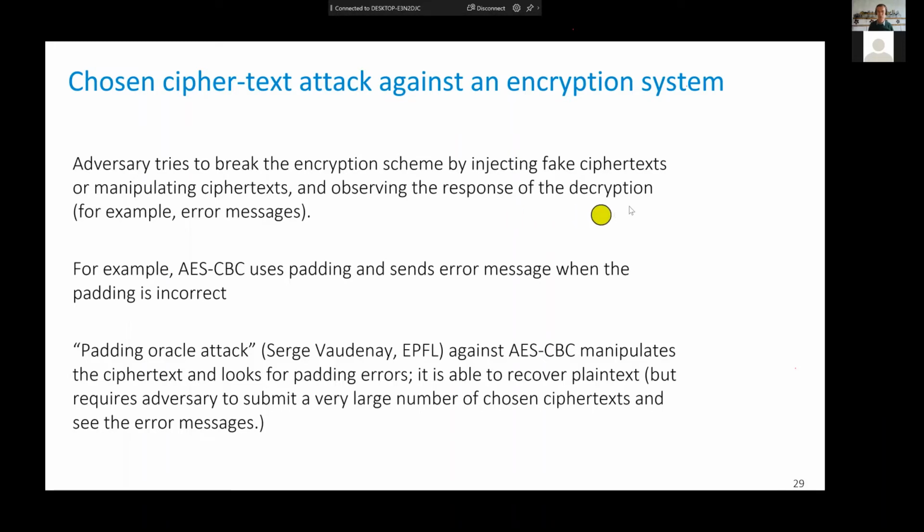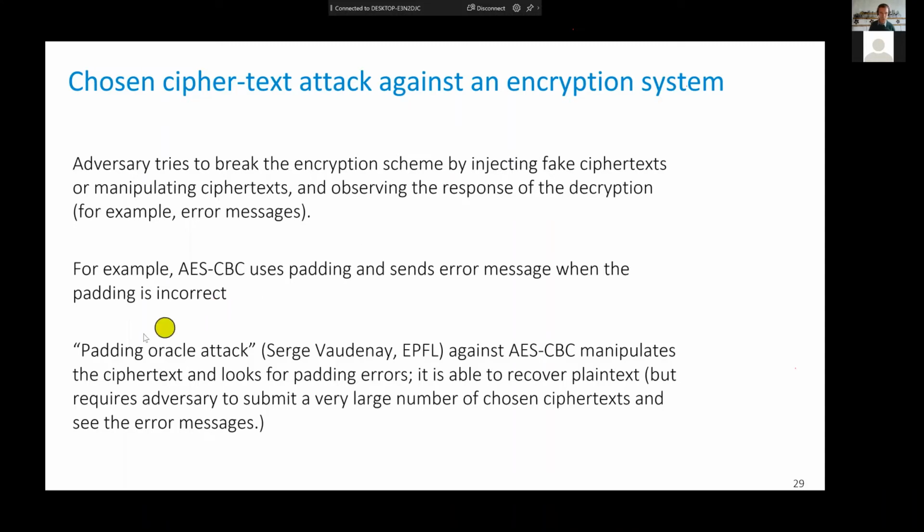However, nothing's perfect, and if we observe a large number of chosen ciphertexts, that means the attacker submits to the recipient a message that is chosen by the attacker. The attacker doesn't know the secret key, but assume the attacker has the ability to submit as many chosen ciphertexts as he or she wants here. Then you can still gain information.